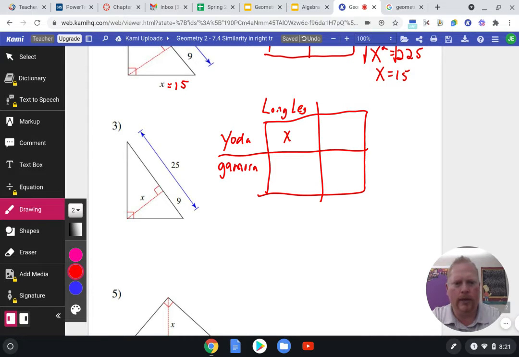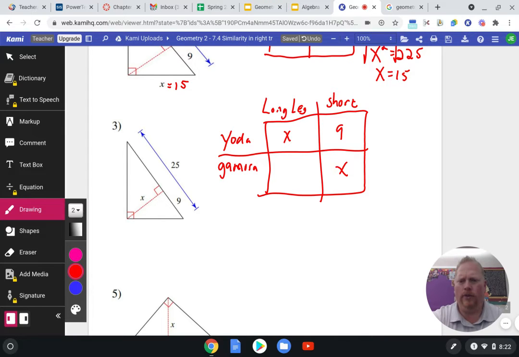And 9 is the short leg. It doesn't matter what order you fill out this chart. In the Gamora, the X is the short leg. And the 25, well, hang on a second. 25 is the hypotenuse of the Hulk triangle.